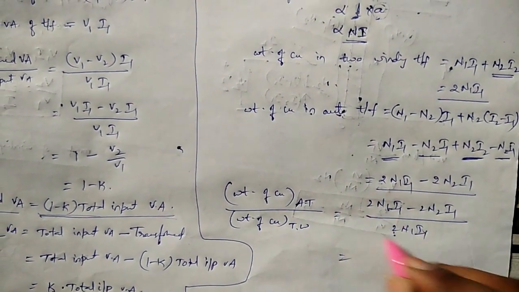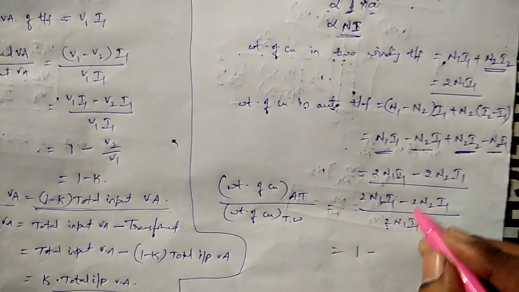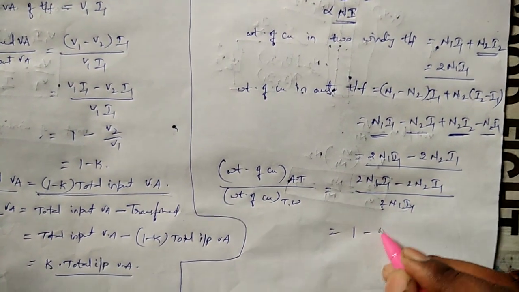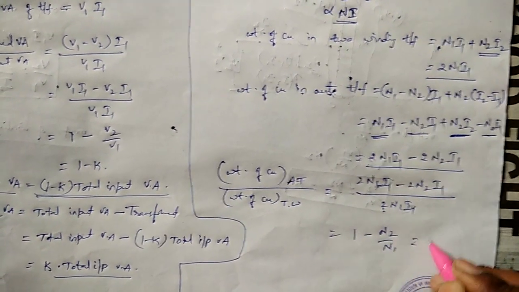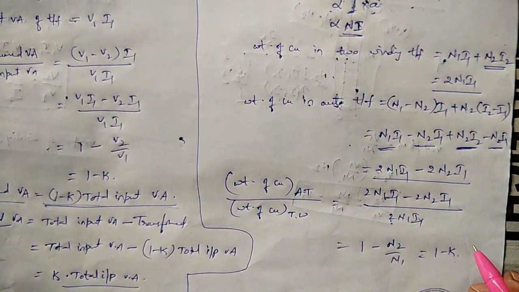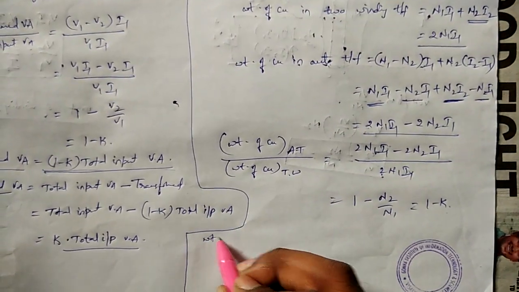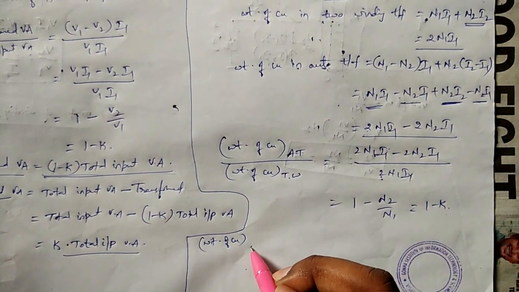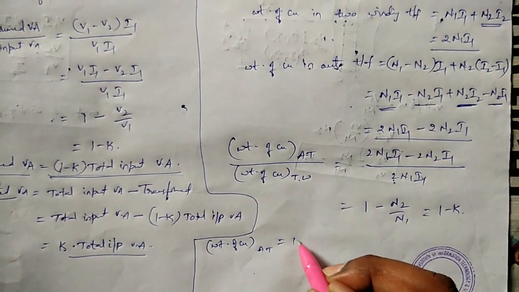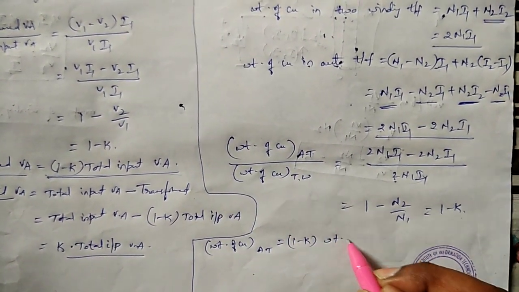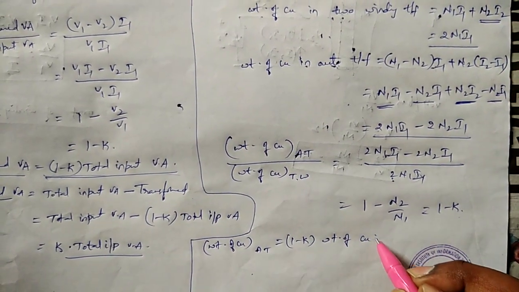If you divide, this will become 1, and here 2 will be cancelled, I1 cancelled, n2 by n1, that is equal to 1 minus k. So the weight of copper in the auto transformer is equal to 1 minus k into the weight of copper in the two winding transformer.